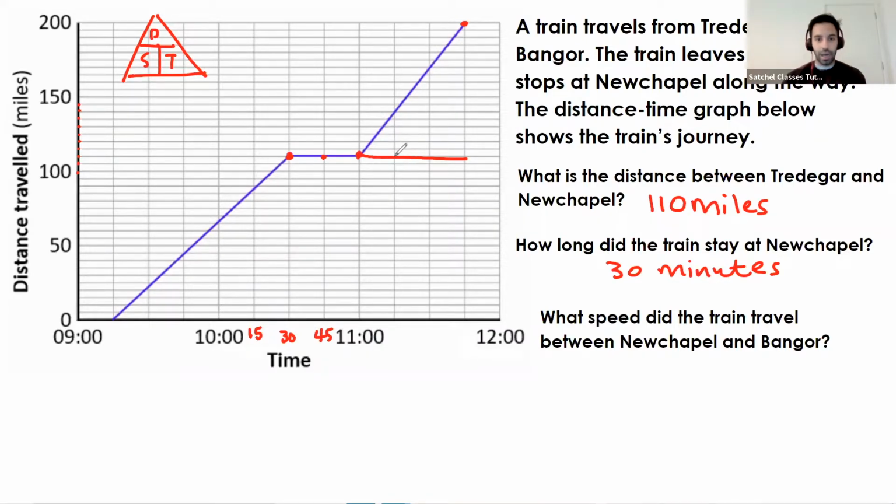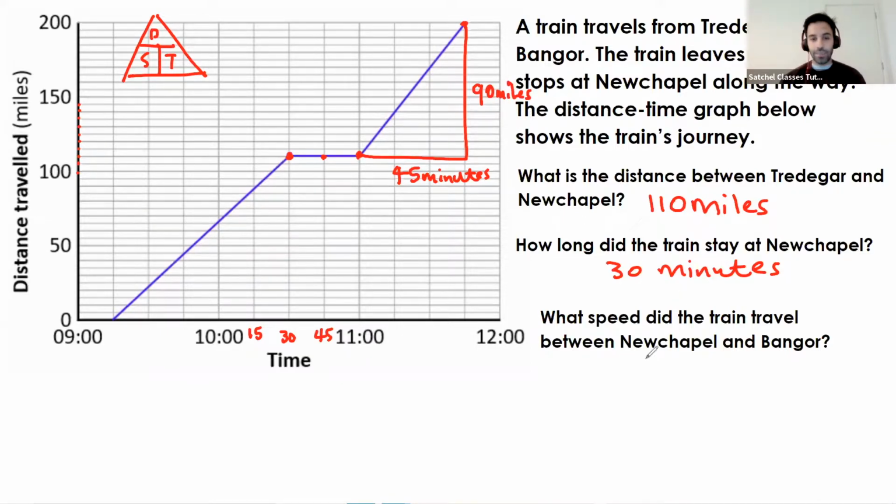It took 15, 30, 45. So that's 45 minutes. And then the distance traveled is going to be, so we are going from 110 miles to 200. So that's going to be 90 miles.